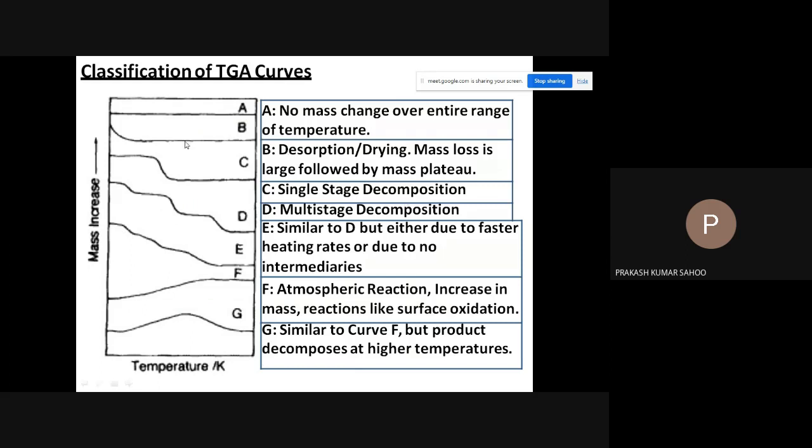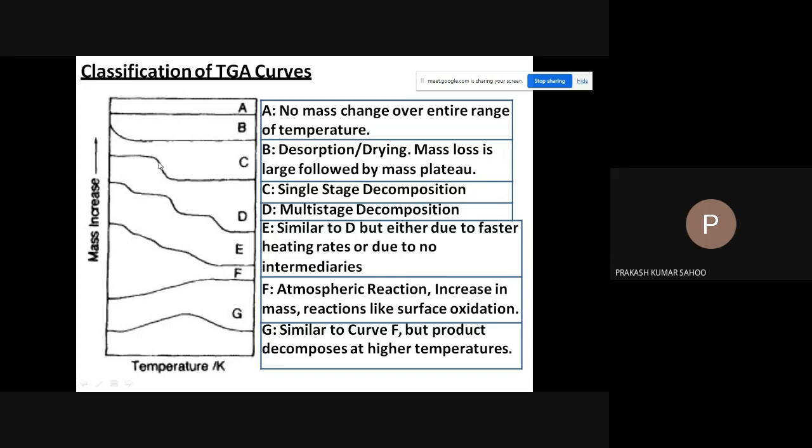Then classification of TGA plots. These are the types of TGA plot we may have for our compound which is to be analyzed. If it is a straight line, then no mass loss will be there. If it is just a half slope here, then desorption or drying, or mass loss is large followed by a mass plateau. So this is just desorption or drying. If this type of curve you get, then this is single stage decomposition.